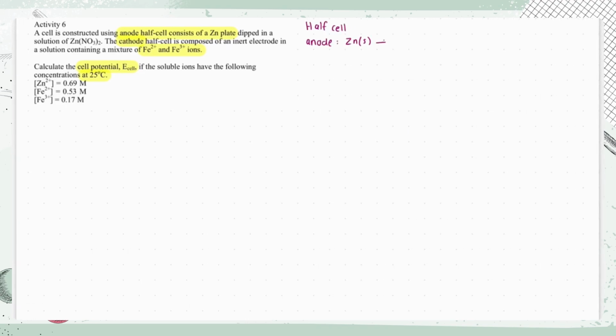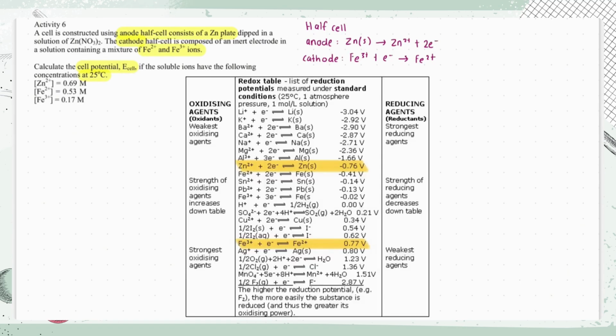First, we need to identify the half reactions. At the anode, zinc is oxidized to zinc 2+, while at the cathode, Fe3+ is reduced to Fe2+. Next, we need to find the standard electrode potentials E0 for these reactions from the sheet table.